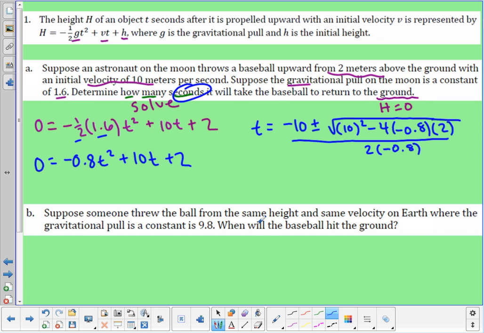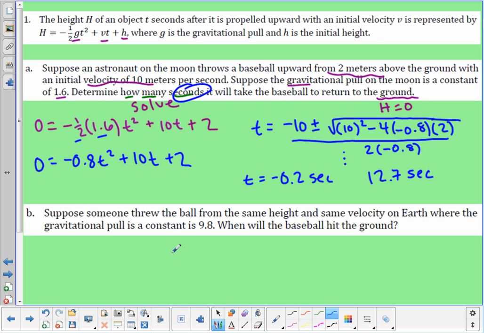Now, I'm not going to take you through this entire quadratic formula because I think you don't need to watch me do that. If you need help with the quadratic formula, come see me in class and we can talk about it together. But after I got through this whole quadratic formula, I got down to the two answers of negative 0.2 seconds and also 12.7 seconds.